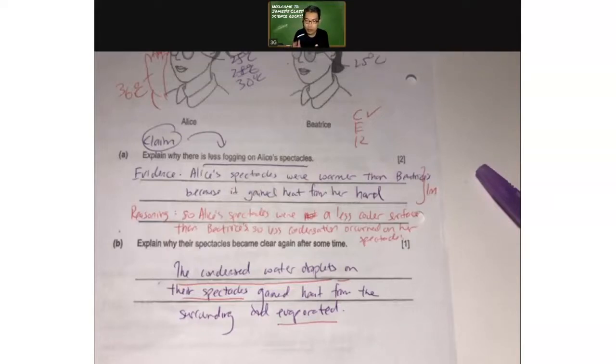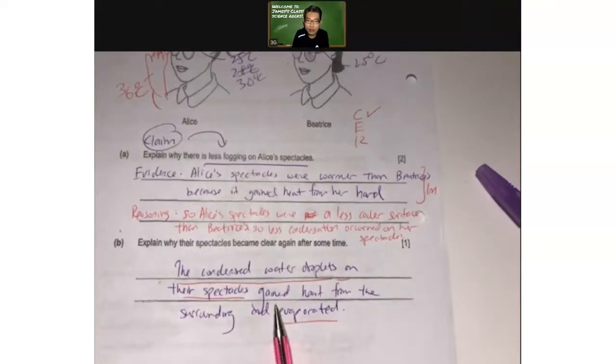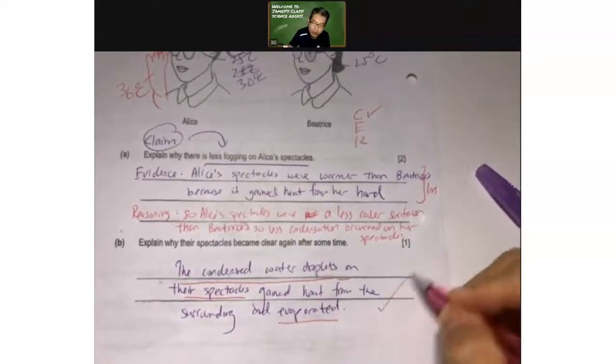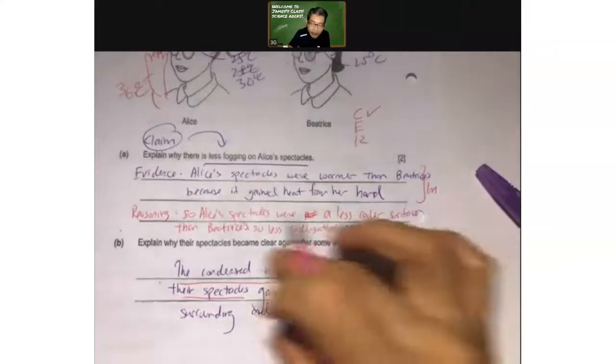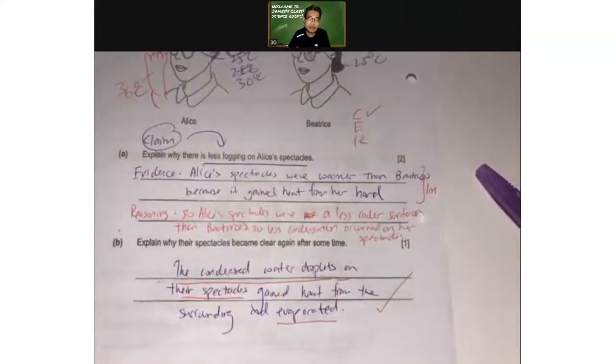Without heat flow, there's no change in state. So since this is a change in state from liquid to a gas, from water droplet to water vapor, therefore, in my opinion, it is important to state the correct heat flow. Water droplets, liquid, gain heat, and evaporated to get the 1 mark. If you write this kind of answer, definitely it will be very safe.